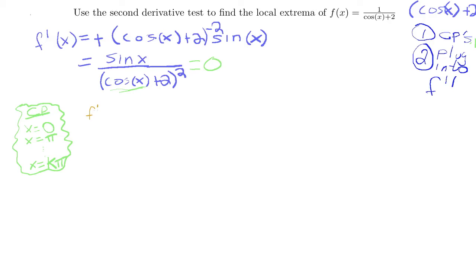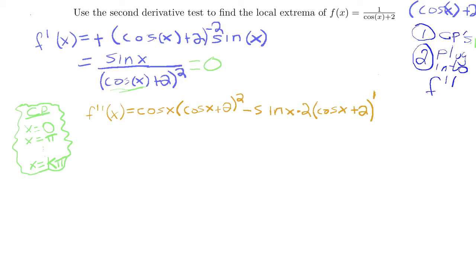So to find the second derivative, now I need to use the quotient rule. So I'm going to have derivative of the top, cosine, times the bottom, which is cosine x plus 2 squared, minus the top, leave it alone, times the derivative of the bottom, which is, by the chain rule, 2 times cosine of x plus 2 to the 1.